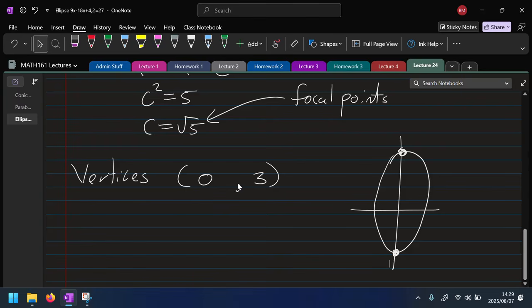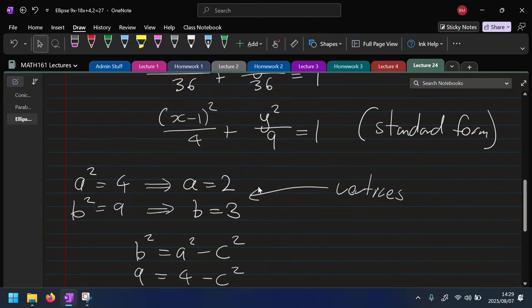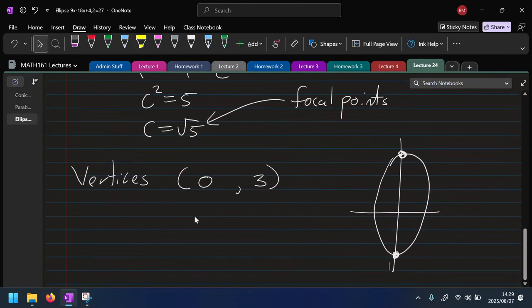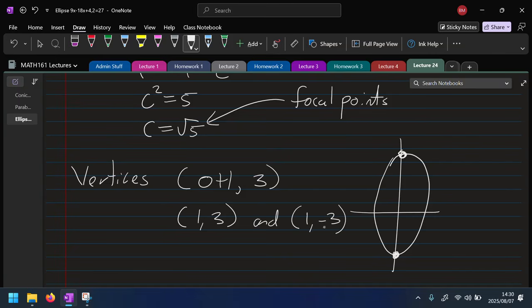But remember x being 0 here, we need to remember that this is shifted to the right by 1. So here we have to put a +1. So our vertices will be 1, 3, and 1, -3, for the top one and the bottom one.